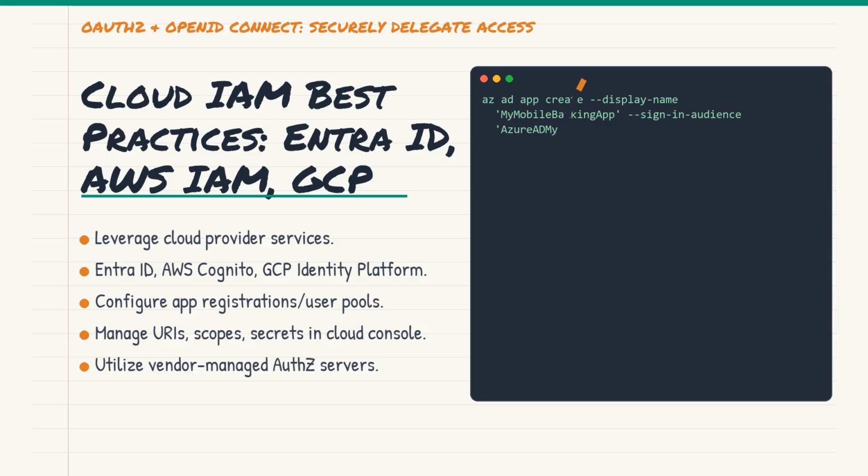These services handle the complex token issuance, validation, and management for you. Ensure you are configuring scopes, redirect URIs, and client secrets correctly within their respective consoles. You are essentially using a robust, battle-tested authorization server provided by the cloud vendor, which is a massive advantage.